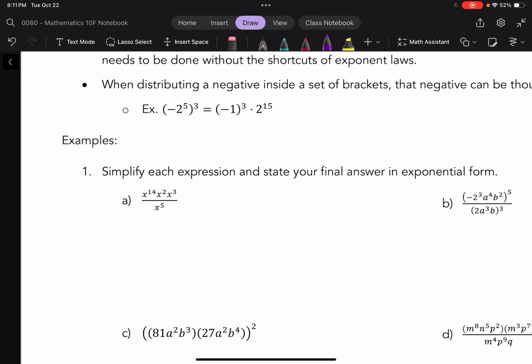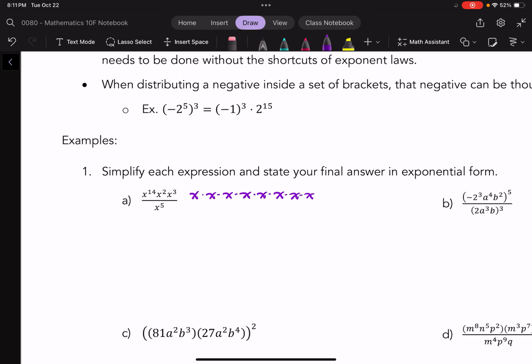Just say for a second, I've forgotten my exponent laws, and I have no idea what's going on, but I do know what an exponent is. I could take something like this and rewrite it with all of that multiplication done.